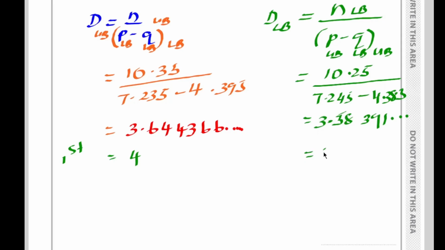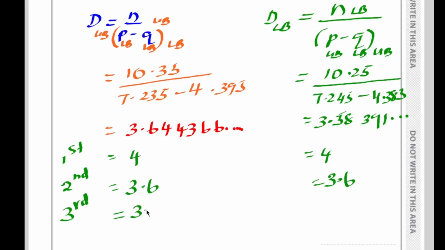Let's round it off to the second significant figure. This one stays as 3.6, because the third significant figure is 4, which is less than 5, so we do not add 1. What about this one? This is also 3.6, because once I add 1 to this one, it stays the same. Now I'm rounding off to the third significant figure.